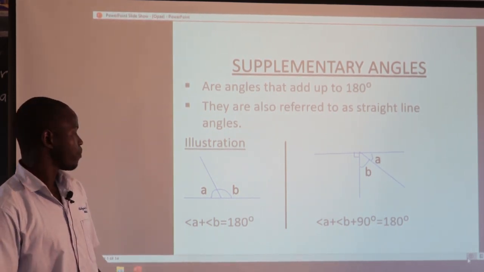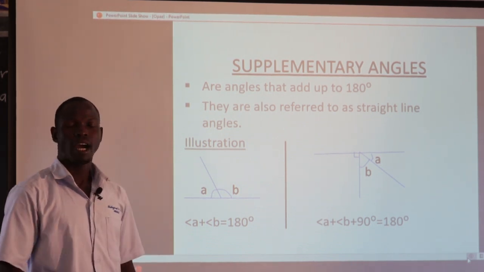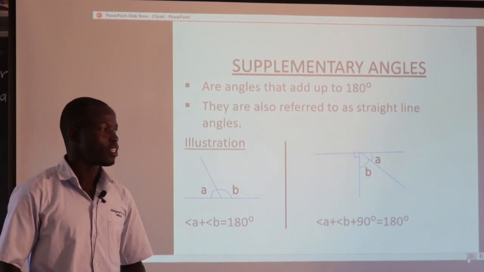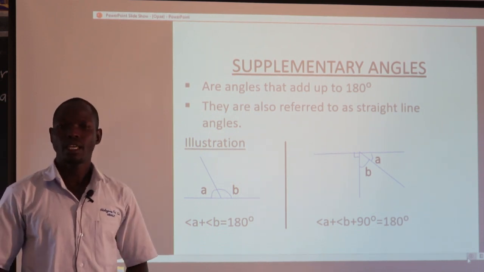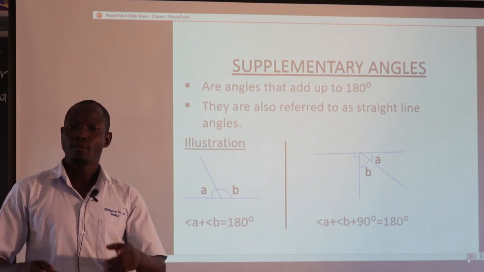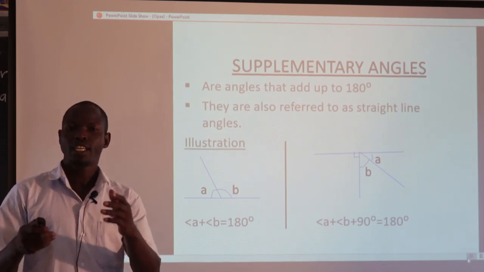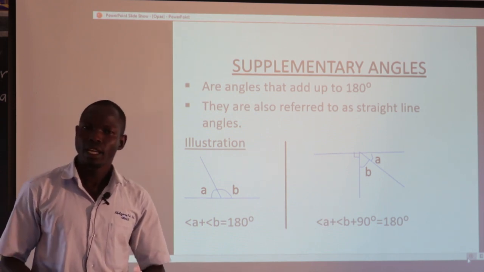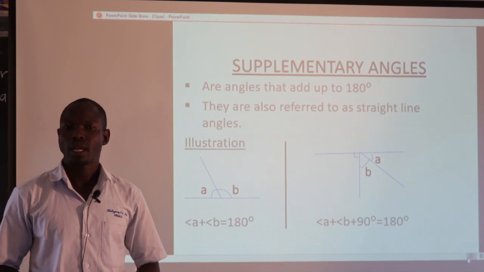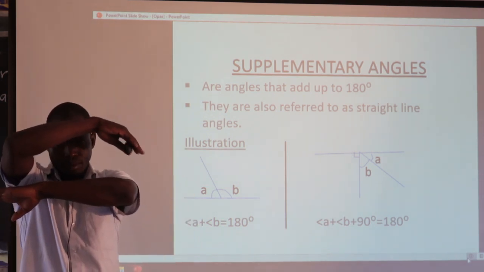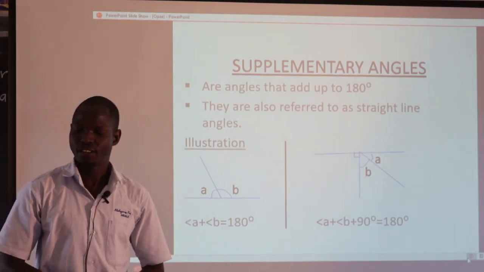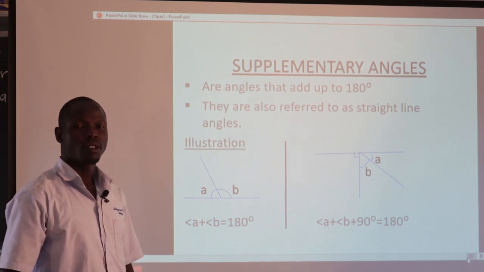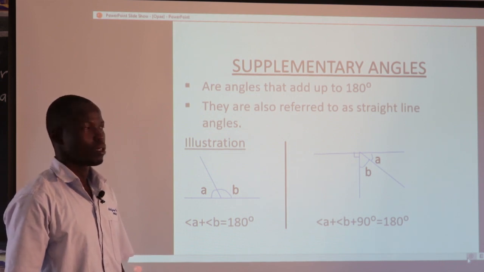That is why in the first diagram, angle A plus angle B is equal to 180 degrees. In the next one, angle A plus angle B plus 90 degrees is equal to 180 degrees. So that is our idea of supplementary angles, and that is the concept.